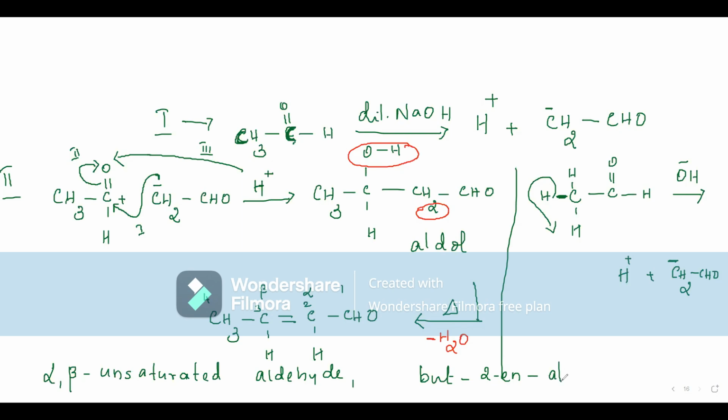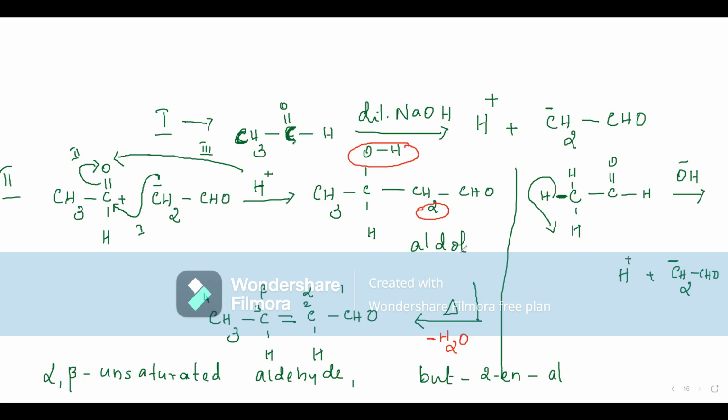The 1 for al is not needed because al has to be always on the first position. So but-2-enal. Or 2-butenal can also be written. Now, that is about aldol condensation.